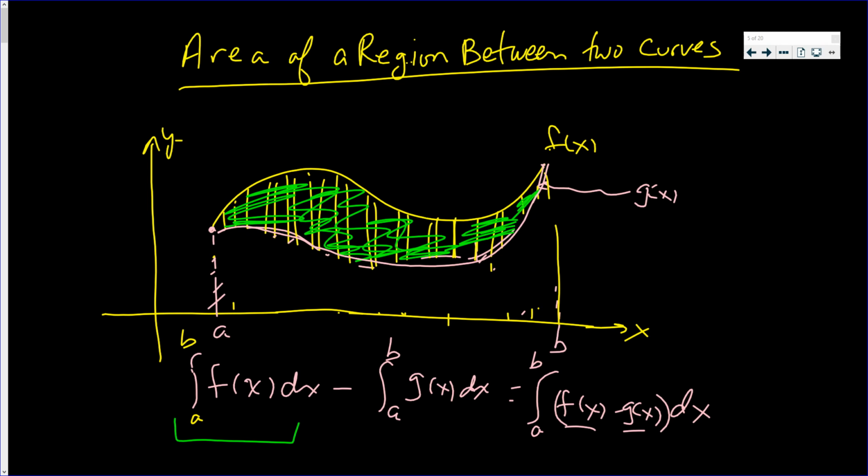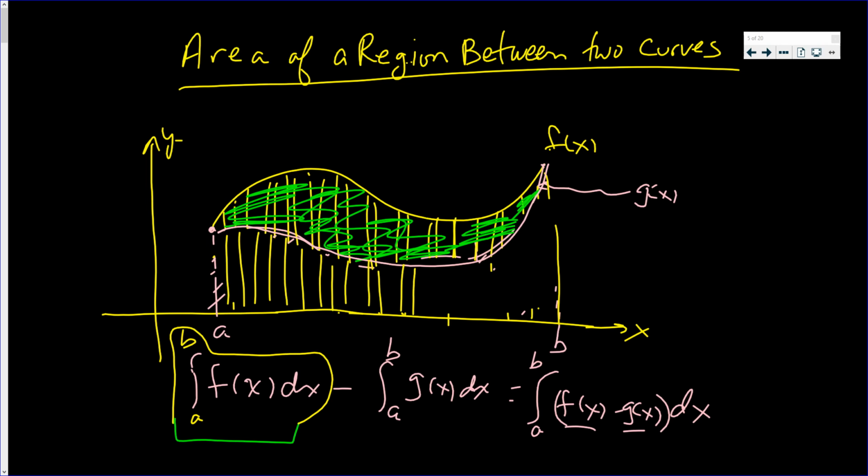The first function gave us, once again, everything in green plus this. Everything under this curve from A to B. But I only wanted what was in between the yellow curve and the purple curve.